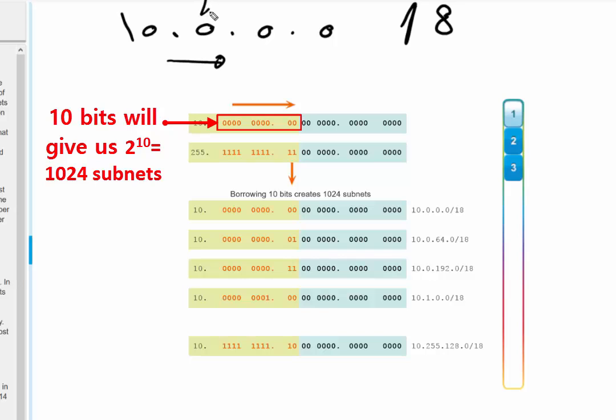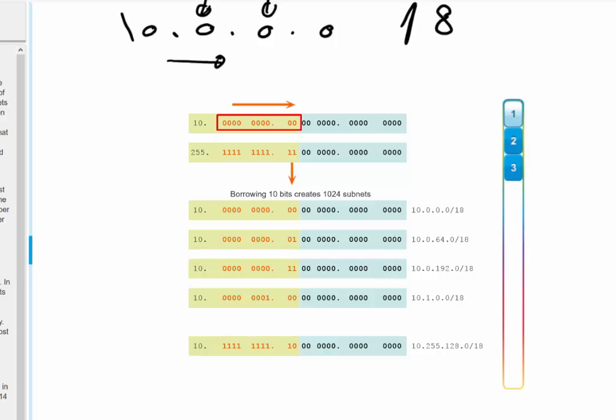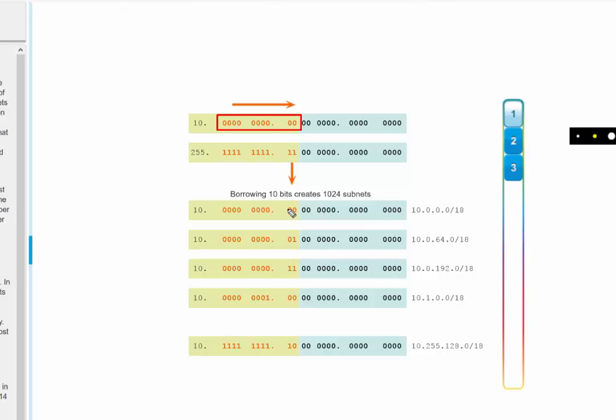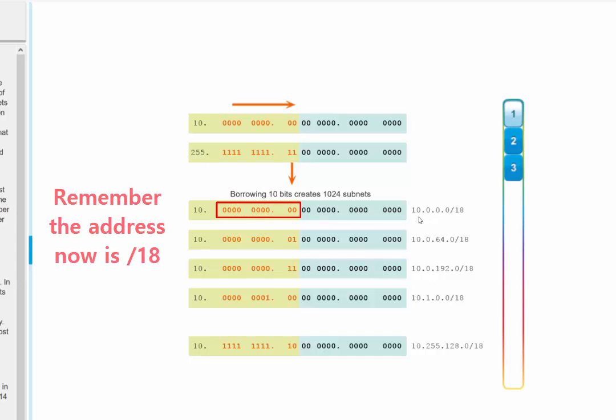So we borrow all the 8 bits from this byte and 2 bits from this byte. So this will give us here 10 dot all zeros and then 2 zeros in this byte, and then the rest will be zeros. If we borrow 10 bits plus 8, that's /18. So this network will have a subnet prefix of /18.